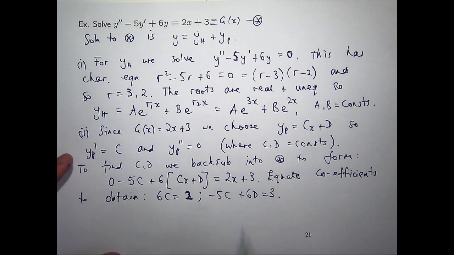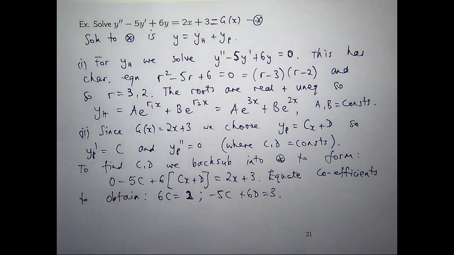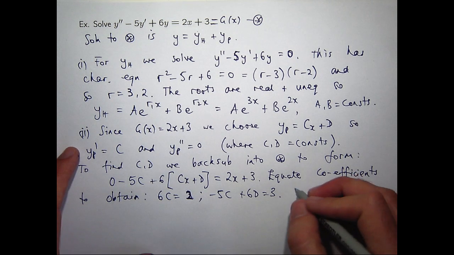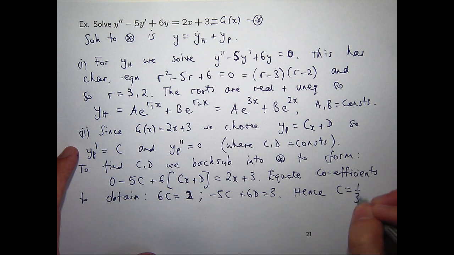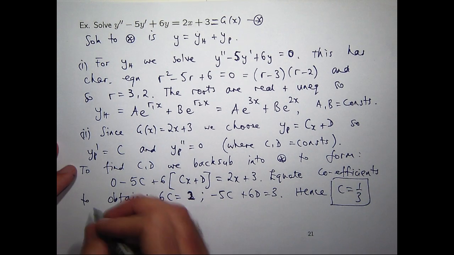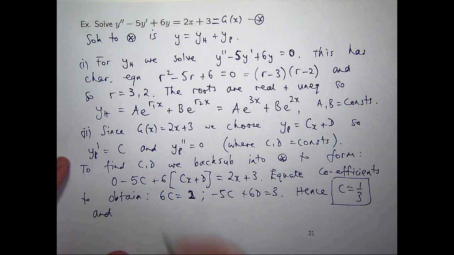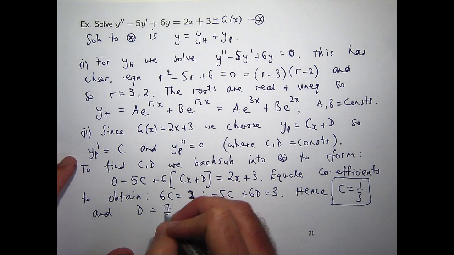So we've got some basic equations there. Obviously c is going to be something like a third. And I can get d from the other one. Okay, d is 7/9 according to my calculations.